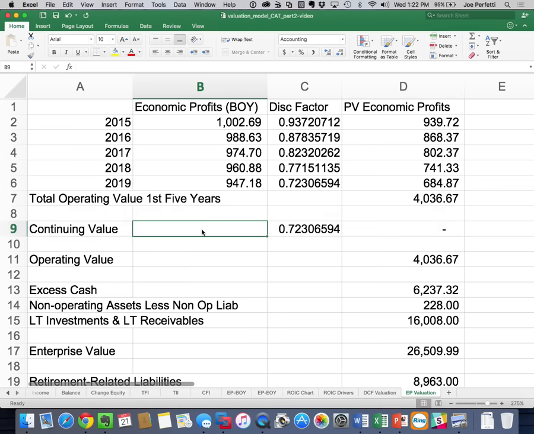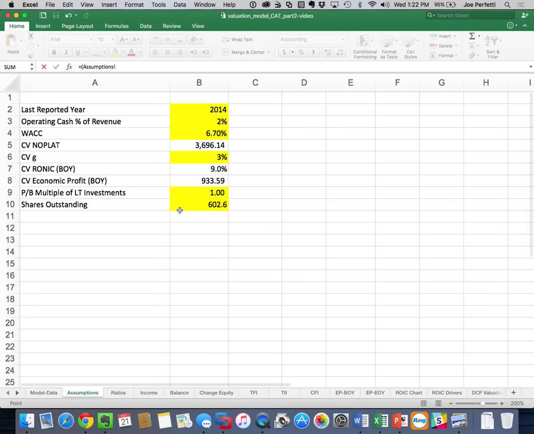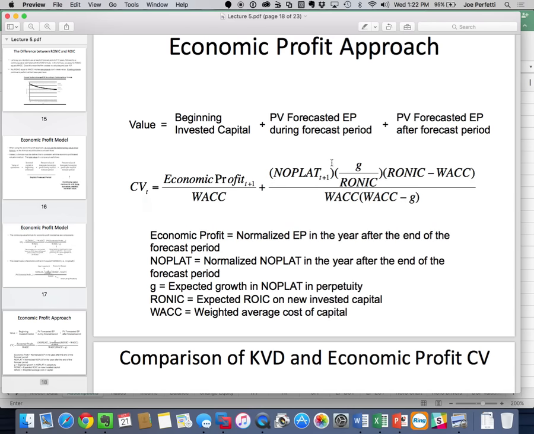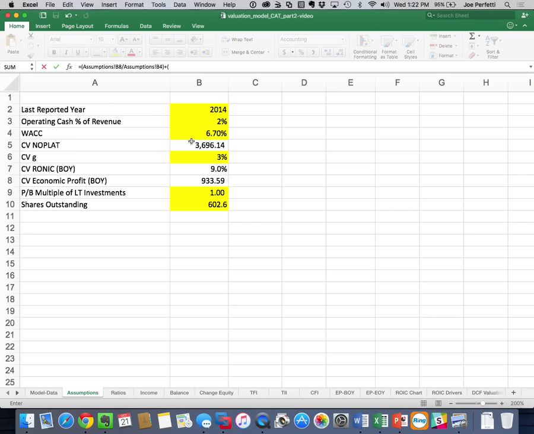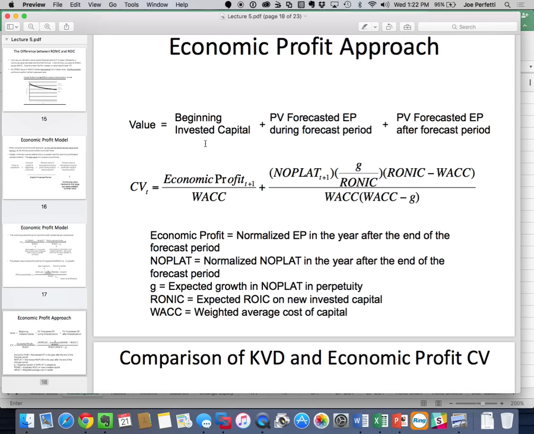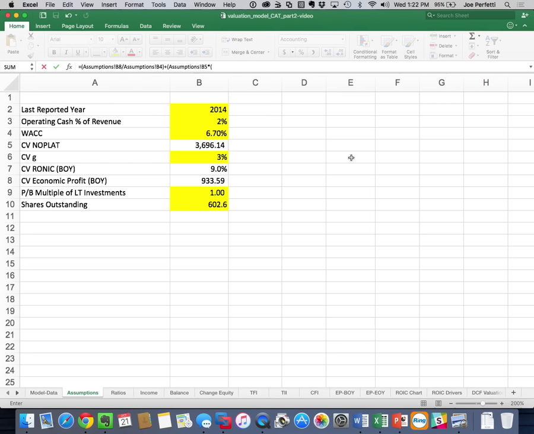Okay, so equals, left paren, working off the Assumptions tab, I'll take the continuing value economic profit divided by the WACC, right paren, plus left paren, NOPLAT T plus 1, which is the continuing value NOPLAT, times left paren, G over RONIC.